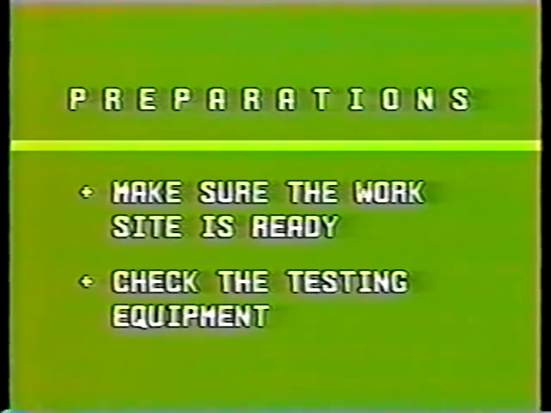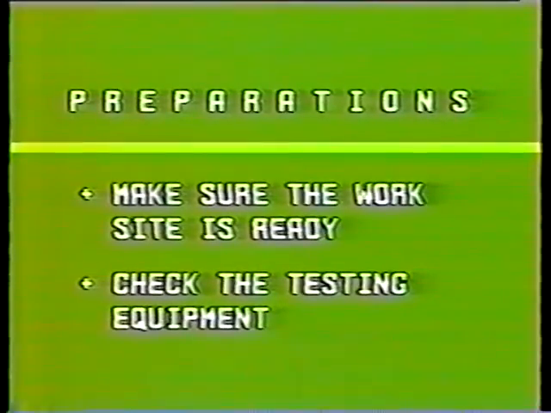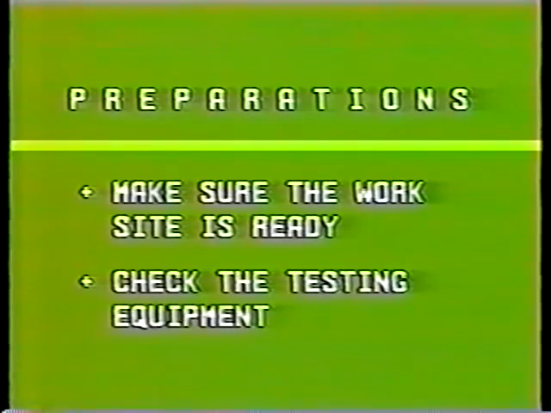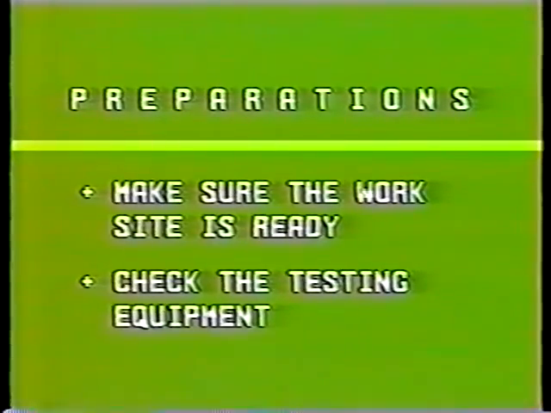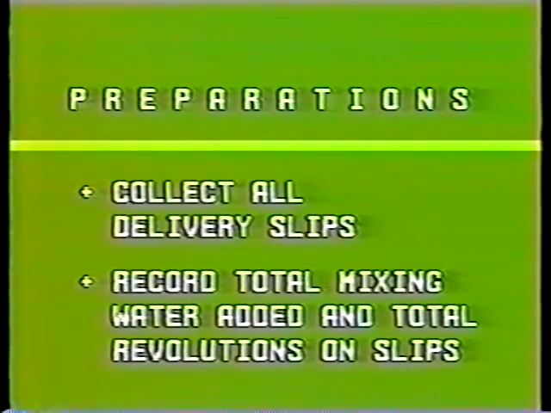Okay, that covers preparations. Make sure the work site is ready. Check the testing equipment. It should be in good shape and recently calibrated. Collect all delivery slips and record the total mixing water added and the total revolutions on the slips.